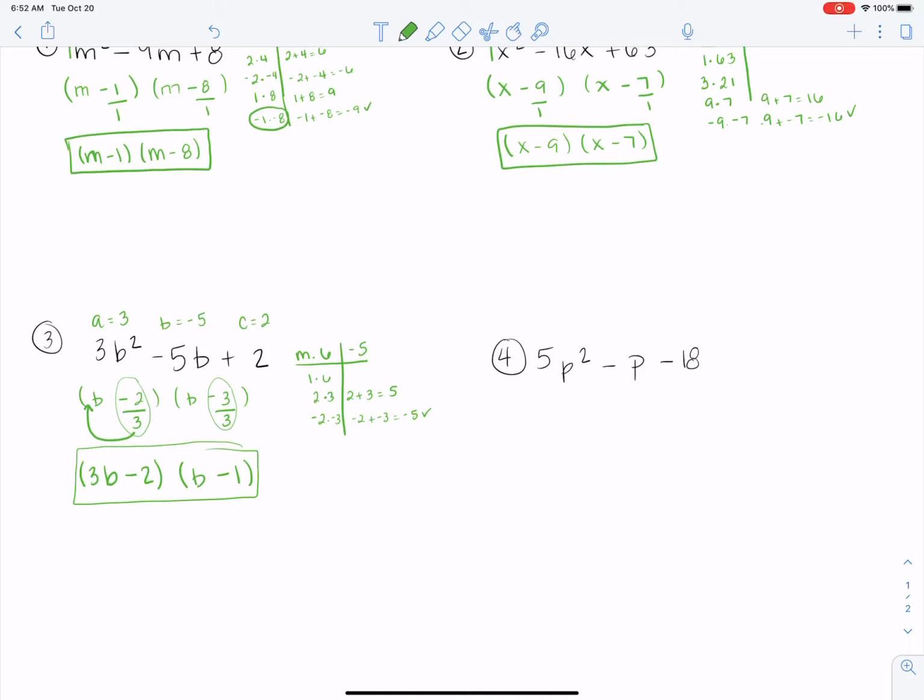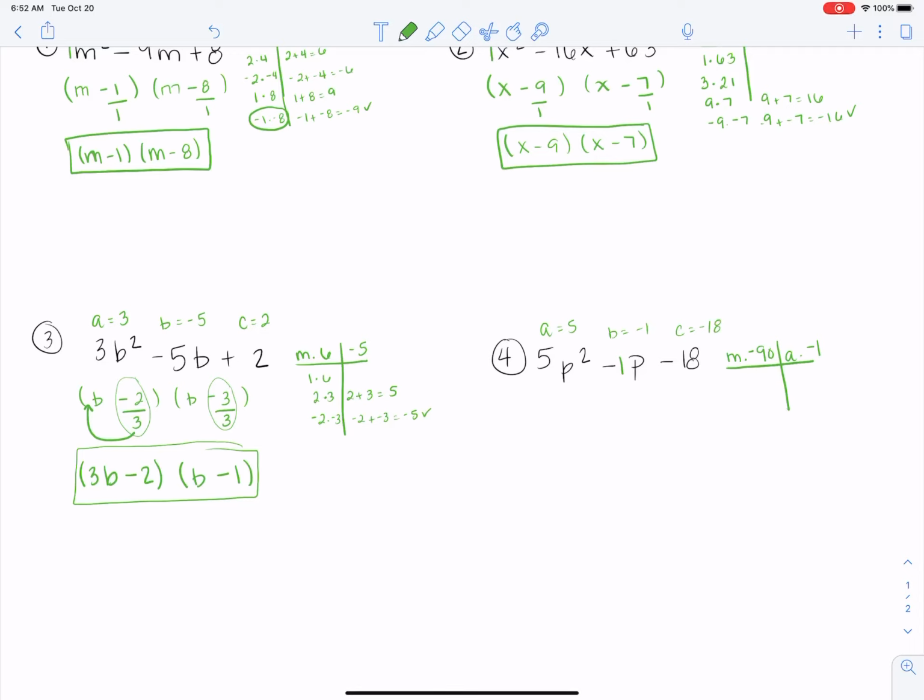All right, last example. I need to multiply to A times C. 5 times negative 18 is negative 90. I need two numbers that multiply to negative 90 and then add to negative 1, because A is 5, B is negative 1, and C is negative 18.